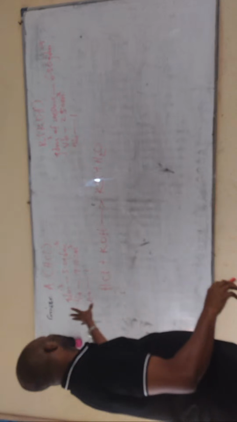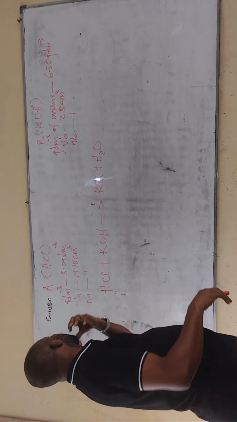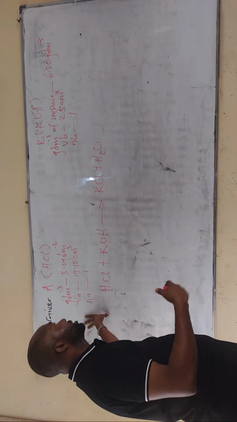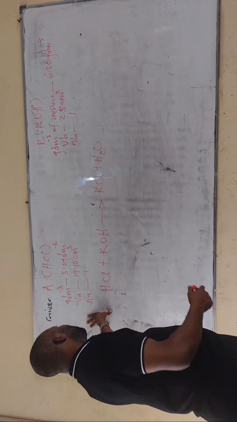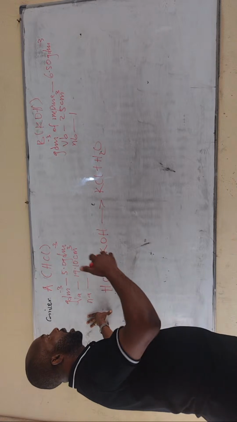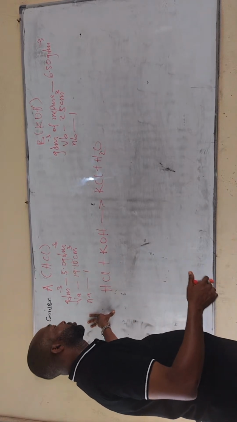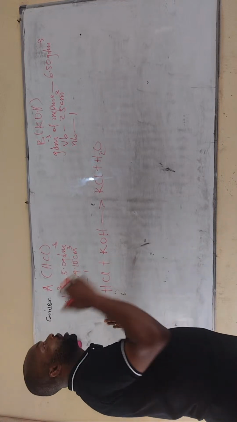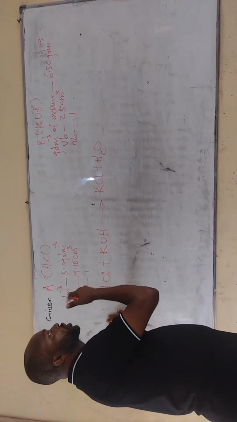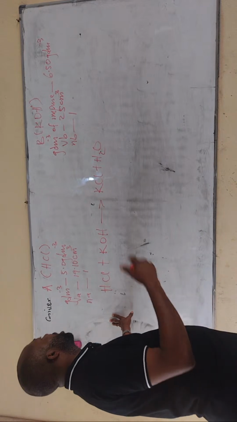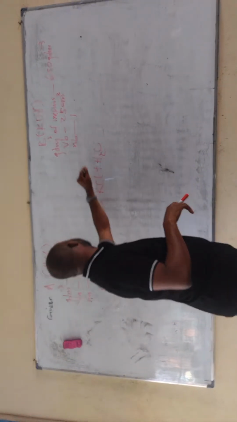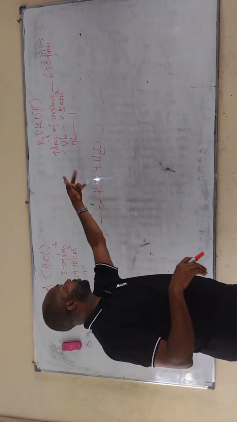Now, we have 3 formulas to calculate the molar concentration of the acid or of any substance. The first is amount over volume, the other is CAVA, and the other is mass concentration over relative molecular mass. When we use CAVA, we can't get this because the concentration of the acid or base is not given.